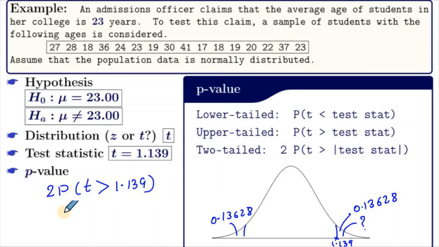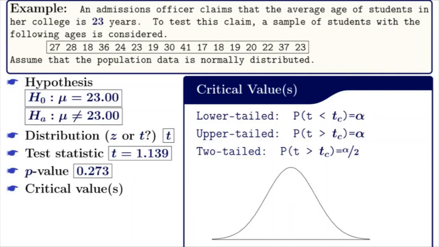Now to get the p-value, all we need to do is just multiply 0.13628 by 2, which gives us 0.2726, and we will round that to 3 decimal place. So basically p-value is 0.273.